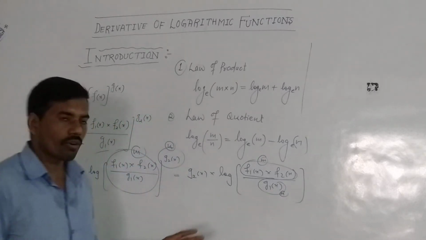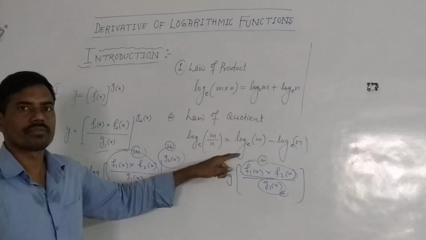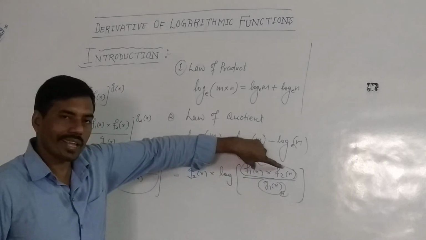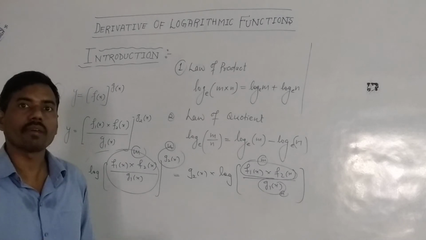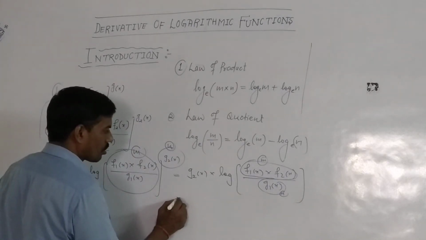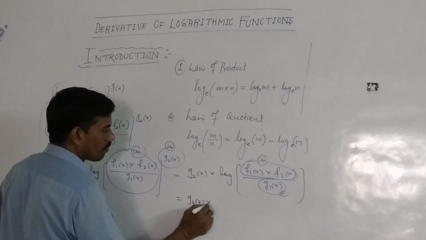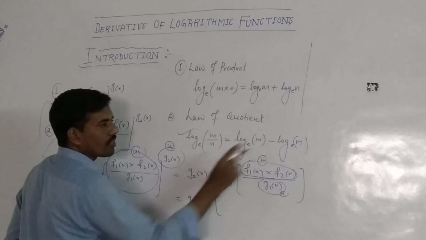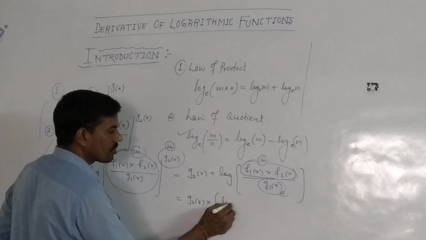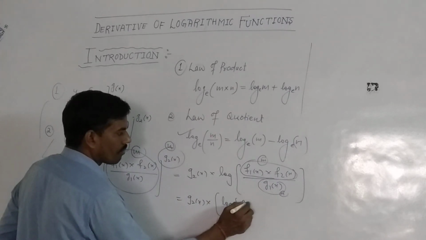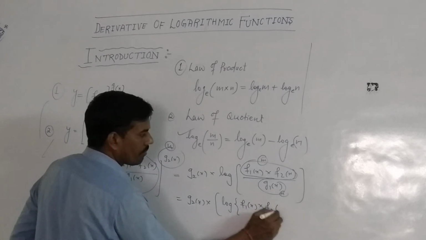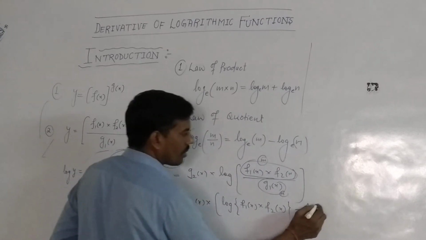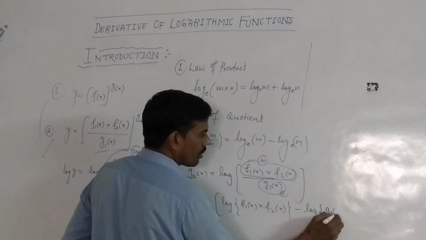So we have the log of a quotient. Log of m by n is log of m minus log of n. Log of m means log of f1x into f2x, minus log of g1x.